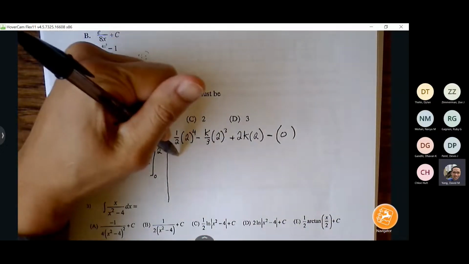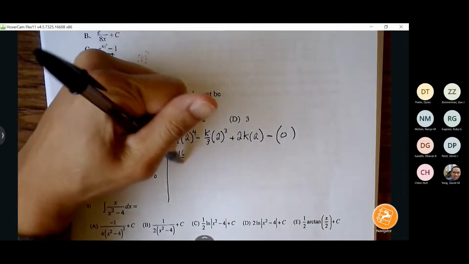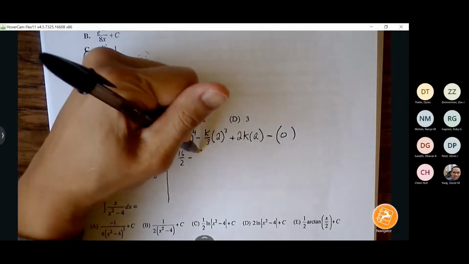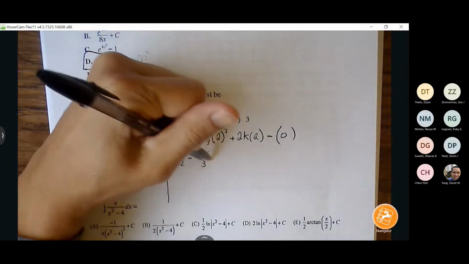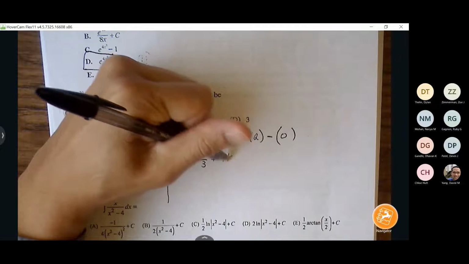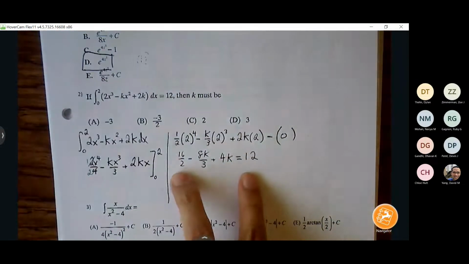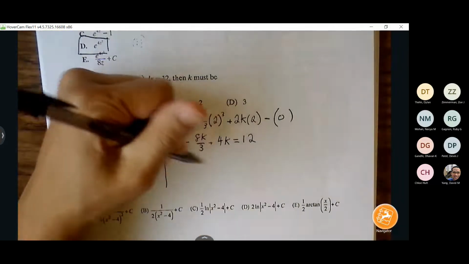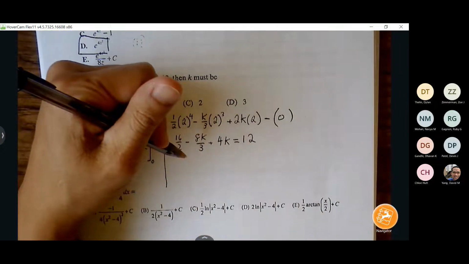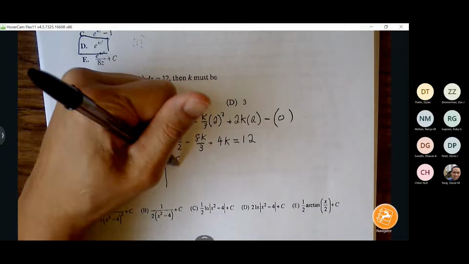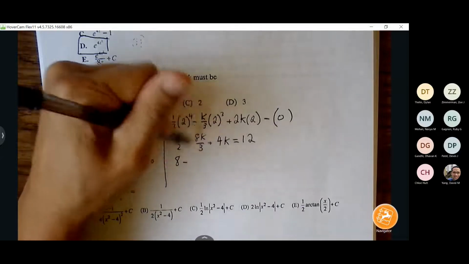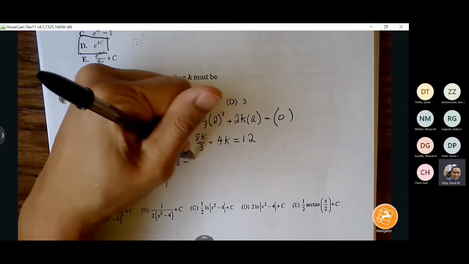2 to the fourth is 16 over 2. Do some common denominator here.